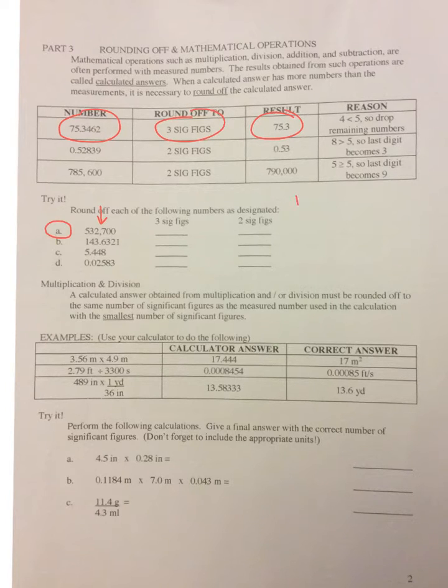So it'll be 533, which gives us 3 sig figs, but we can't just leave the number as 533 because 533 is a much different number than 530 something thousand. The magnitude of the number still needs to remain the same. So we add the trailing zeros in the back, and that will give us 3 sig figs because remember the rule for trailing zeros: trailing zeros don't count unless there's a decimal in the number.